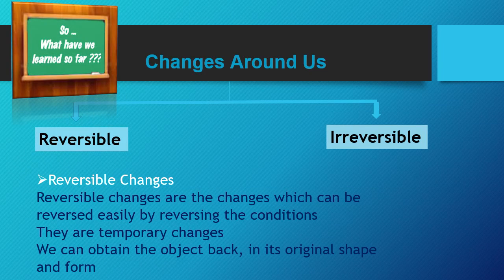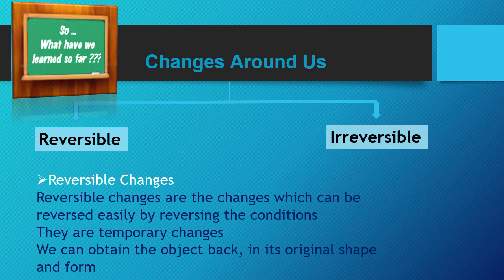So let us recapitulate what we have done in our first session. We have seen that there are many things around us, and these things have certain properties such as state, size, positions, color, etc. When one or more of these properties of the thing become different, then we say a change has occurred.